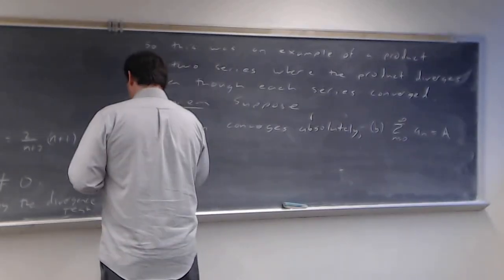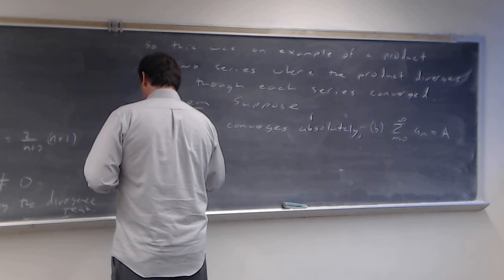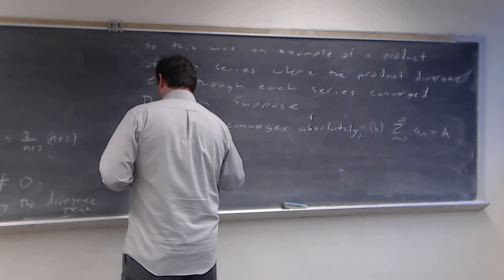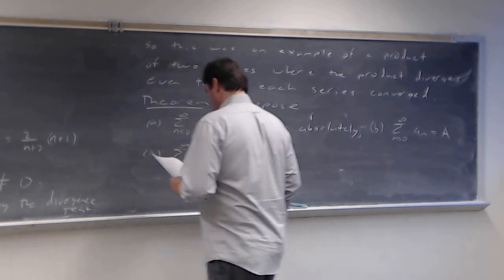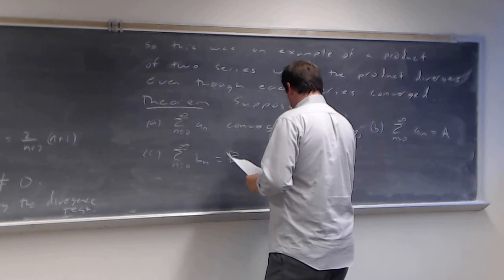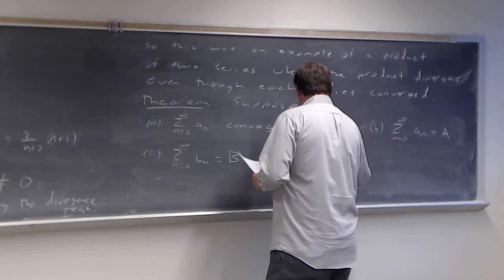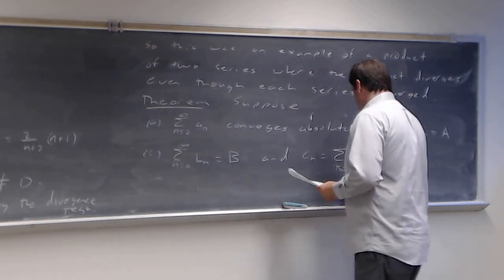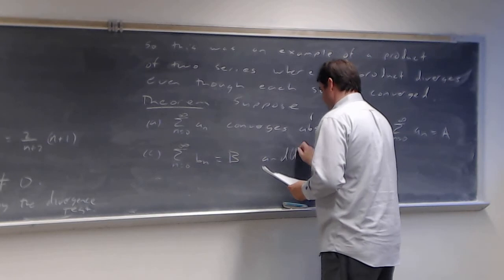We're going to say that the sum as n runs from 0 to infinity of b sub n equals big B, and c sub n equals the sum as k runs from 0 to n of a sub k times b sub n minus k. This is the fourth thing we're assuming.